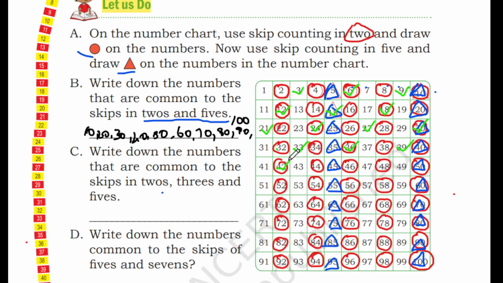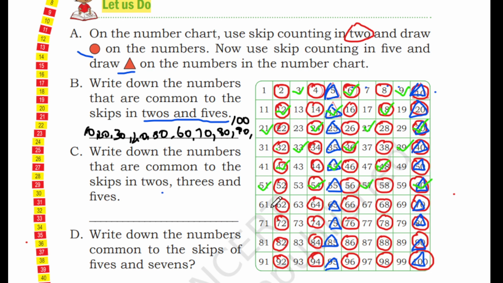You can count also and you can write. So 42, 1, 2, 3, you reach 45. Again 1, 2, 3, you reach 48. So 1, 2, 3, you reach 51. So like that you can count and write. Okay. So all these numbers you can find in 3 tables.